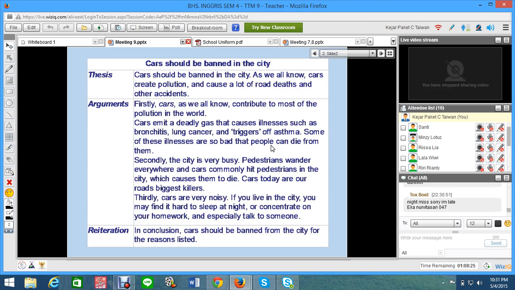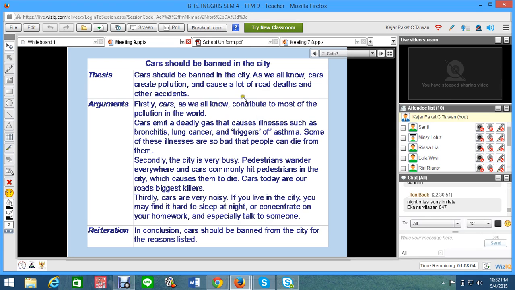So this is the example of an analytical exposition text: the thesis, arguments, reiteration. Do you have any questions?